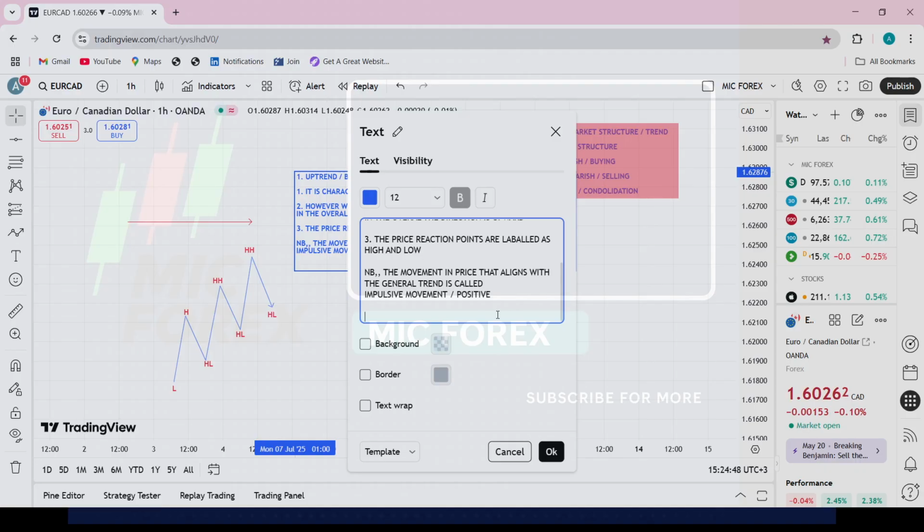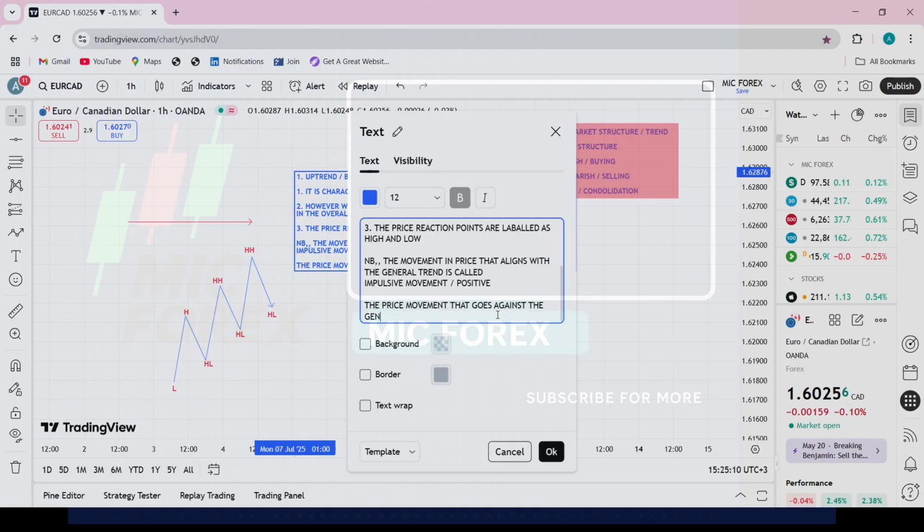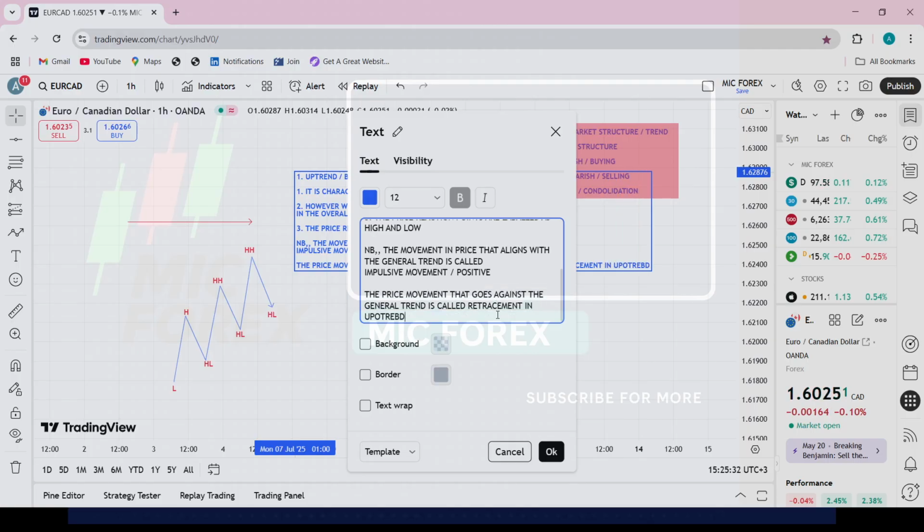So the opposite of this is to say the price movement, or the movement in price, that goes against the general trend is called, here we have two names, you can call it retracement in uptrend, or pullback in downtrend.